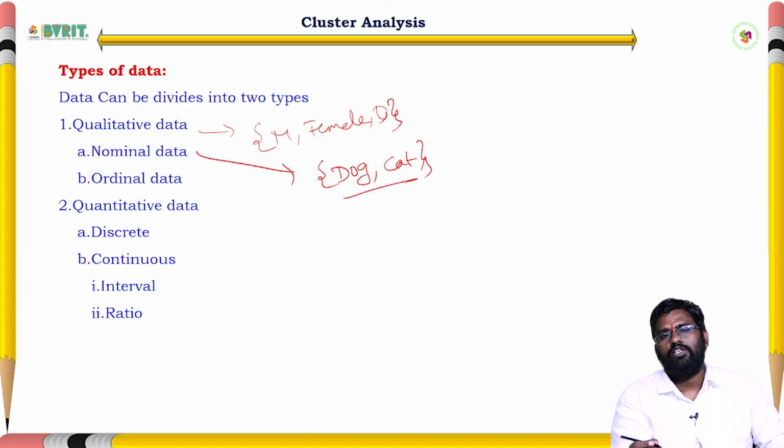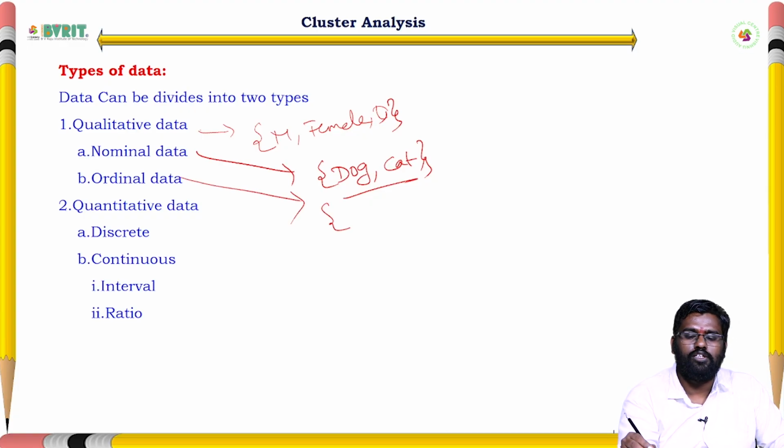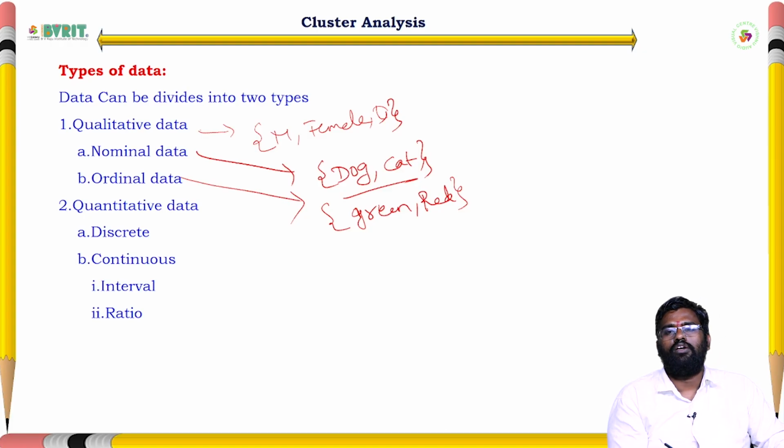In any way the values can be placed, and within that category we choose and select the values. That is nominal data. Ordinal data means they need to follow an order. For example, categories like colors, green, then red, taken in order. That is ordinal data.